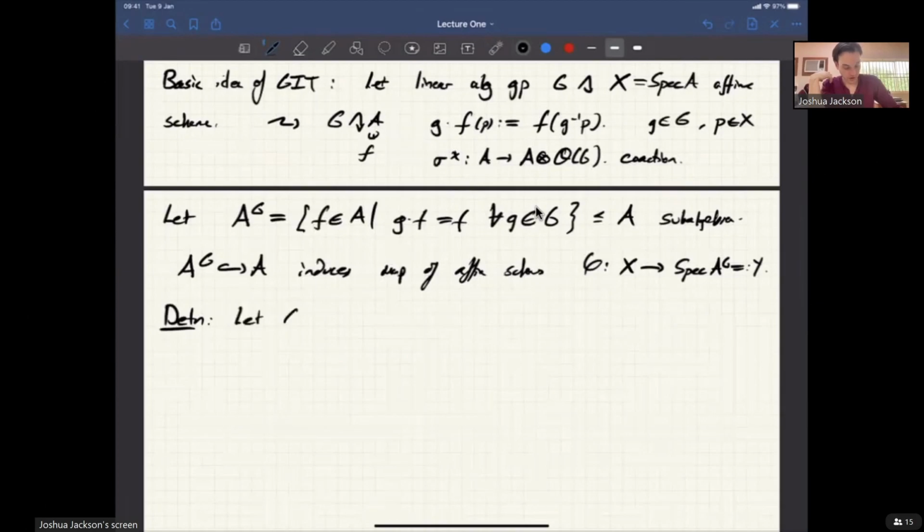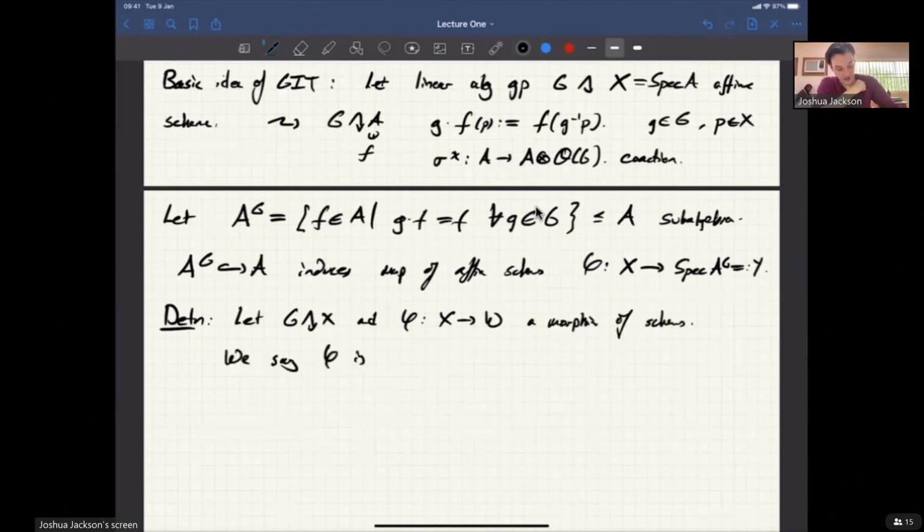So again, we've got G acting on X and phi from X to, let's call this thing W, a morphism of schemes. Then we say that phi is a good quotient if three things hold.